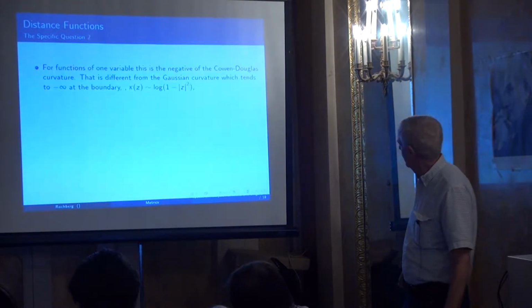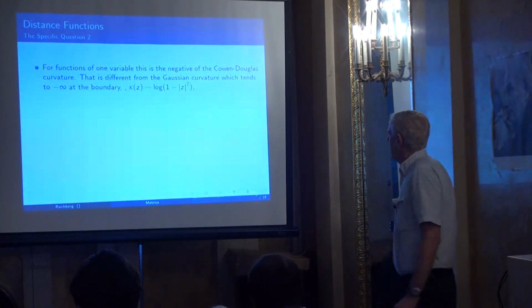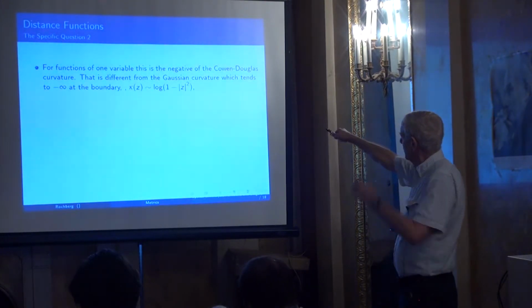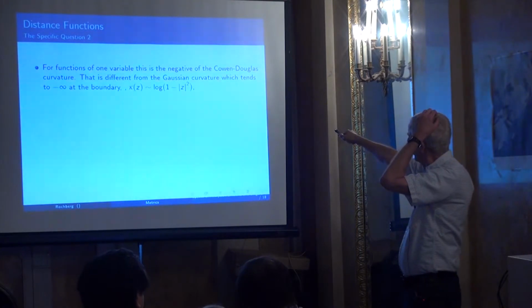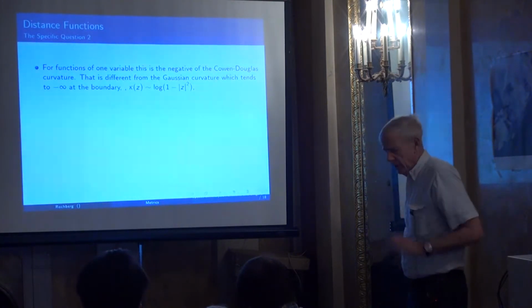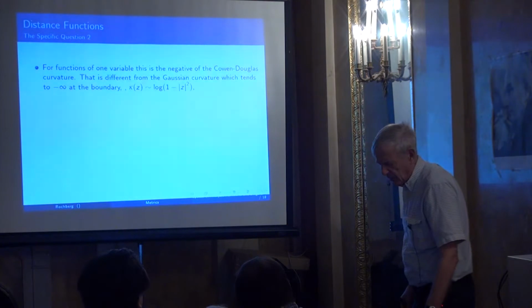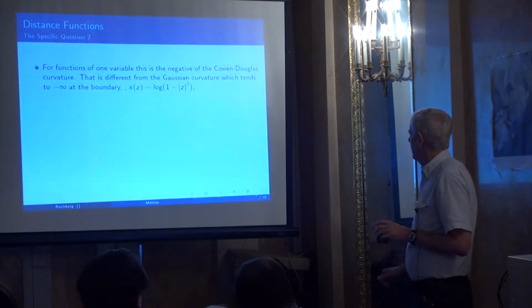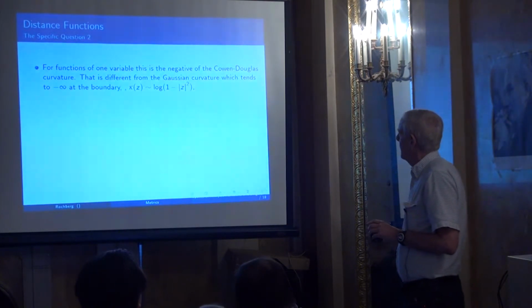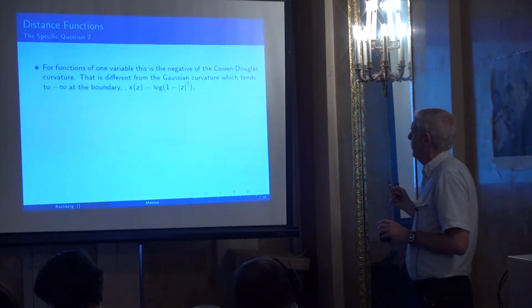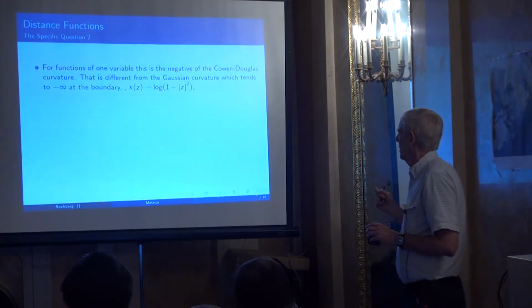So you compute and you compute, and you find out it's an awkward thing, but there's a principal term, which is scalar times log 1 minus mod z squared. So z is tending to 1 as you go toward the boundary. That's tending to negative infinity. So the Gaussian curvature of this is unbounded from below.